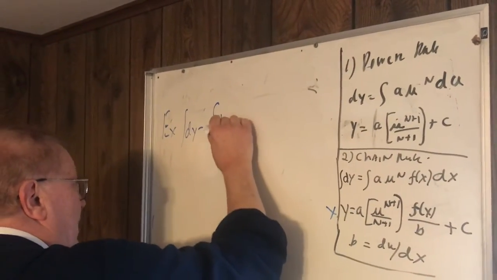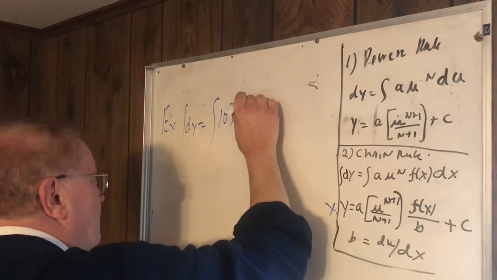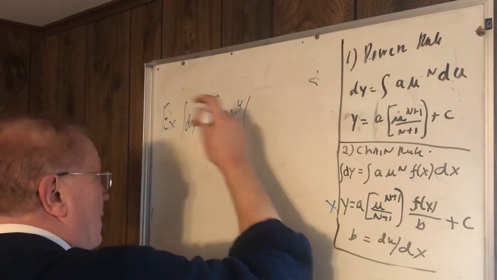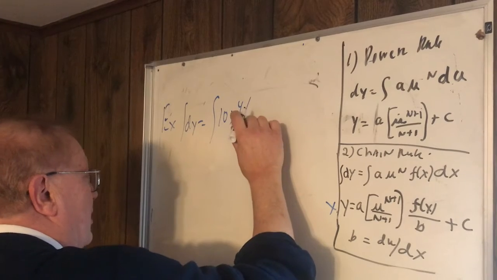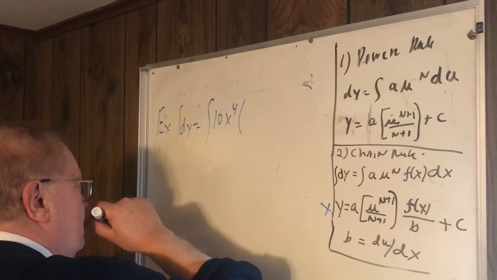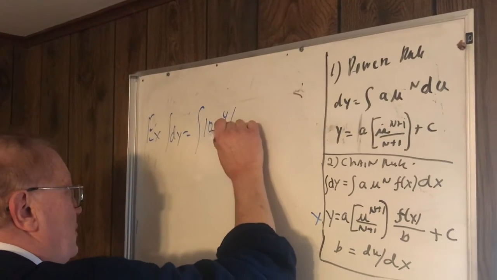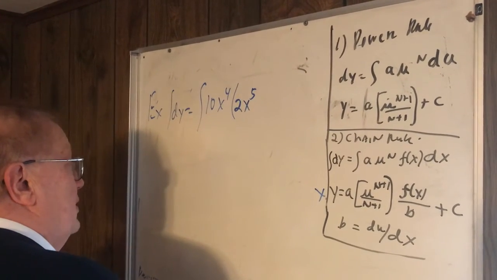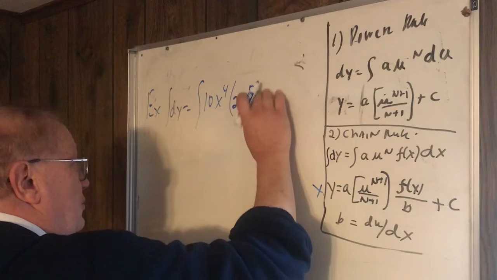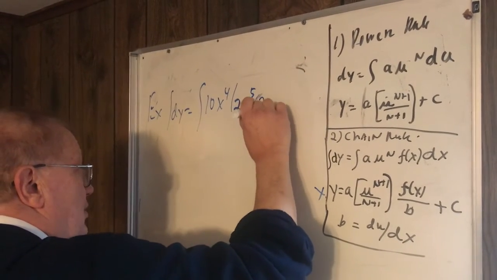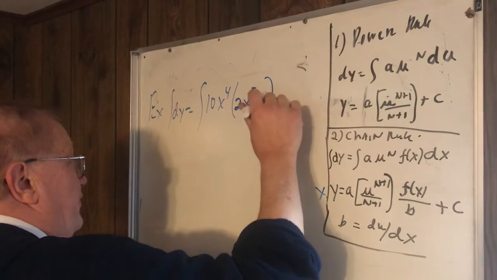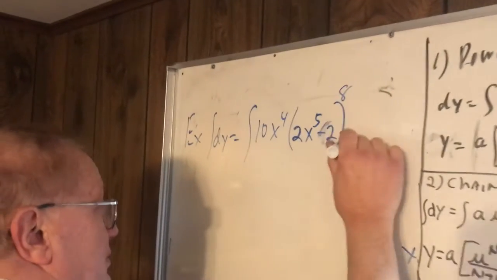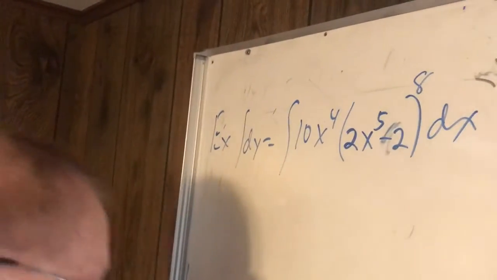Okay, 10x to the fourth, 2x to the fifth minus 2, raised to the eighth, dx.